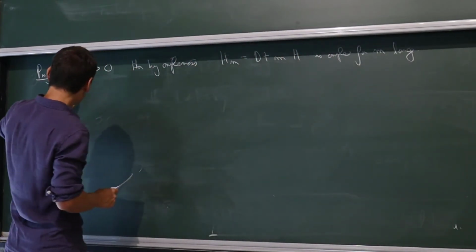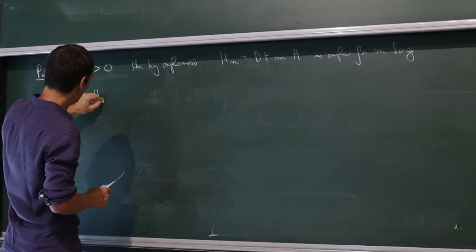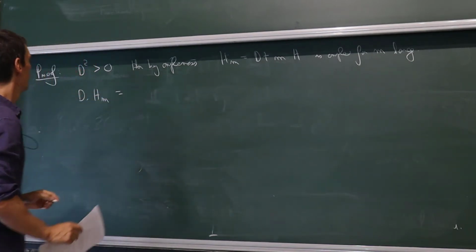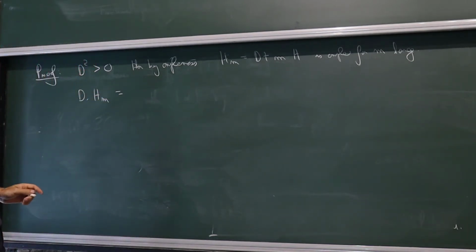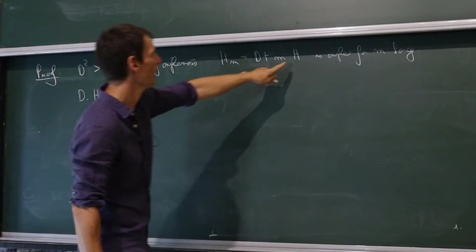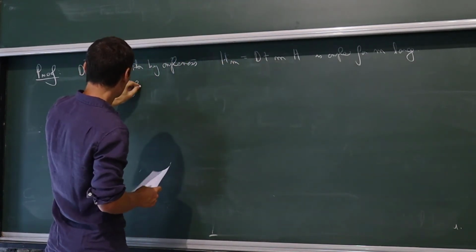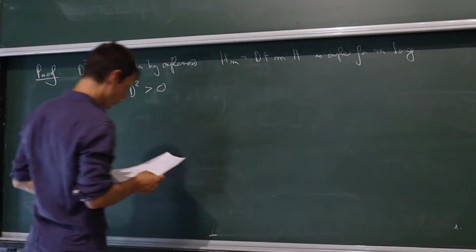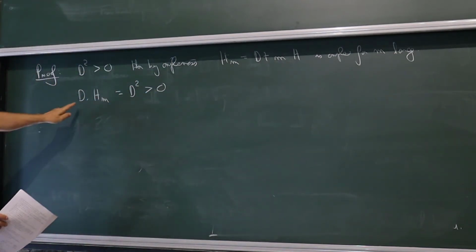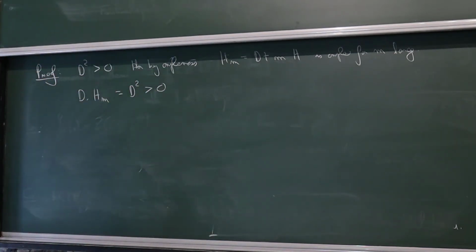And also, now if I compute D times HM, by hypothesis, D times H is 0, so what is left is D square. So it's going to be positive. So I have something which is positive, and the intersection with D and an ample divisor is also positive.